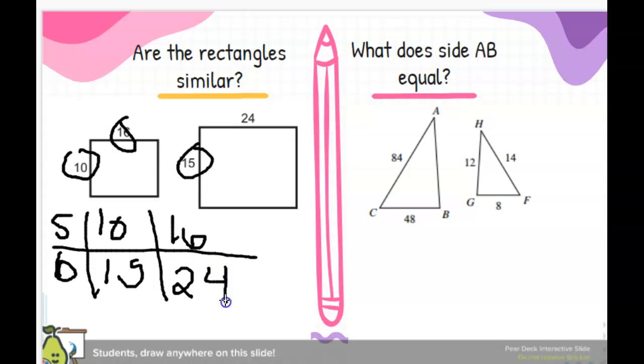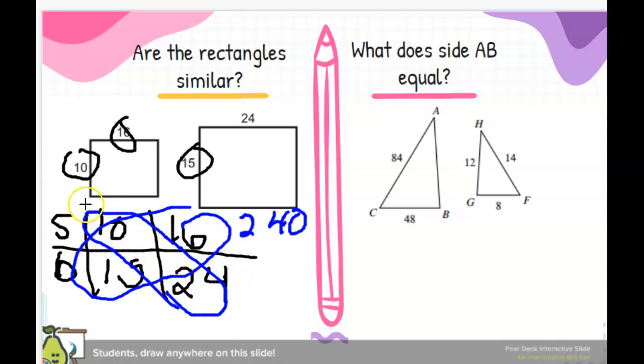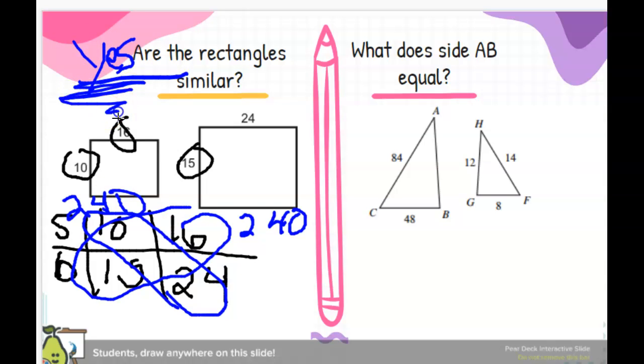Then you would just use your butterfly method and multiply. If they're similar, then they should be proportional, which means these should be equal. So 15 times 16 gets me 240, and 10 times 24 also gets me 240. So yes, these are equivalent, which means they're proportional, which means they are similar. I like this pencil in the middle that I did. It's fun.